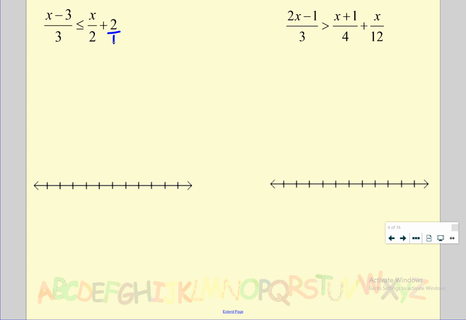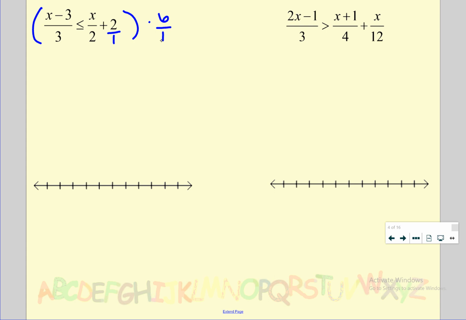Okay, 3, 2, 1, common denominator is 6. Yep. So we're looking for a number that 3 and 2 both divide evenly into, and 6 is the smallest one. So I'm going to multiply everything in this fraction by 6. Now remember that 6 is in the numerator, multiplying by 6 over 1.